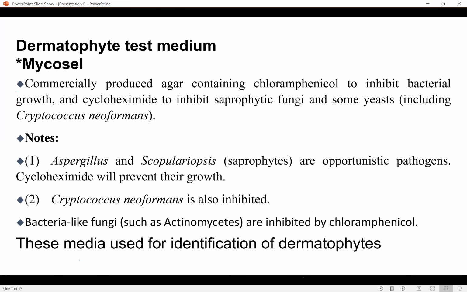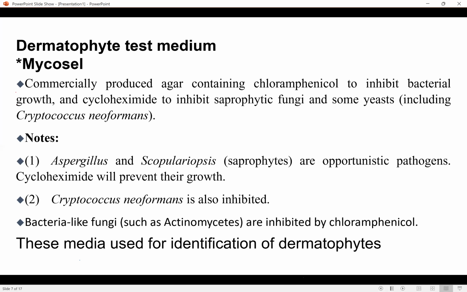So what you have noted is that some of the organisms that we want to always eliminate using antibiotics or antifungals will include Aspergillus and Scopulariopsis, which are saprophytes and opportunistic pathogens, which will usually not be the cause of our intended investigation. We also want to eliminate Cryptococcus neoformans, which is usually a normal flora and is very pathogenic, but in immunocompromised persons, where you can have meningitis or pneumonia.